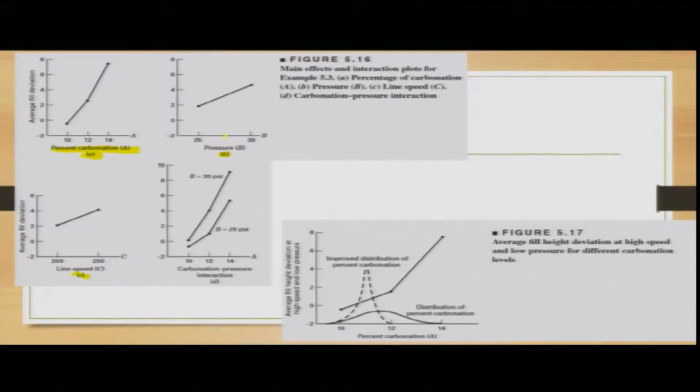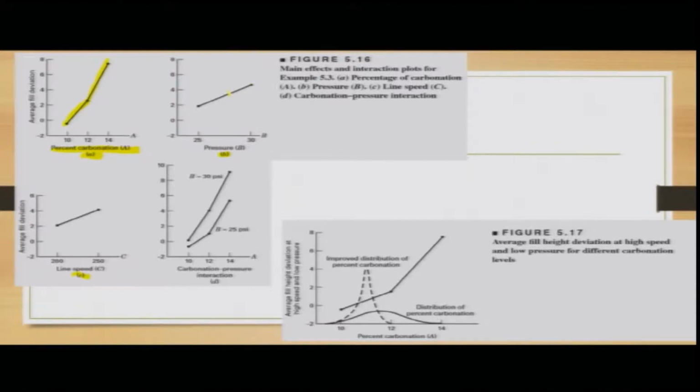In the first diagram, which I am highlighting, the rate of change is quite high. It is almost linear, even though for percentage carbonation changing from 10 to 12, 12 to 14, they are not exactly, because it is steeper from 12 to 14 than from 10 to 12, but they are almost linear. Similarly, for pressure, it increases from 25 to 30, while the average fill deviation changes from 2 to almost 4.75 or 5.